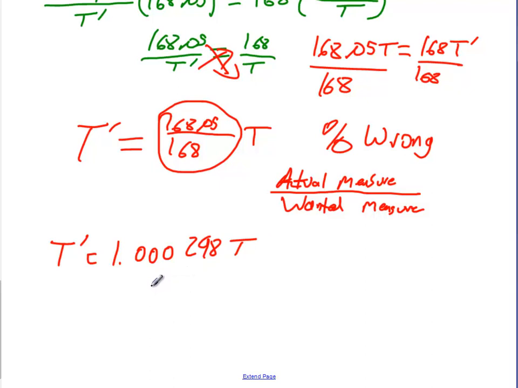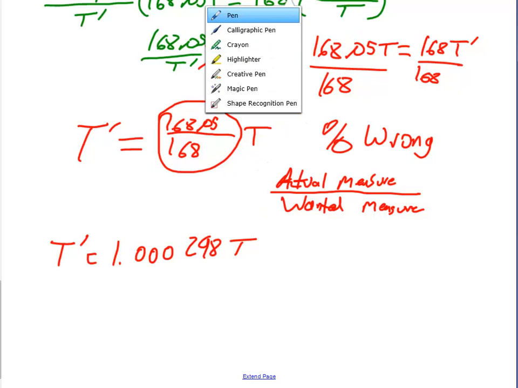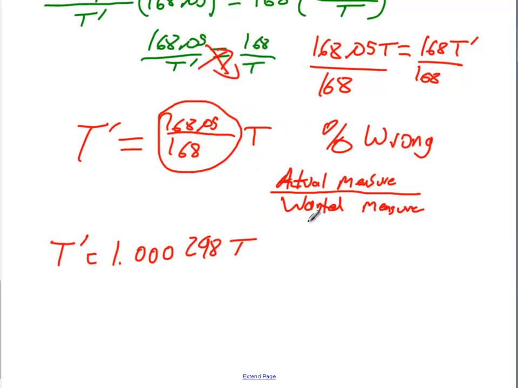Now the actual question wanted to know how much longer the pendulum should be. Oh, before I get into that, I wanted to show you this. This said actual measured versus wanted measure. If instead of using revolutions, which is how I did it because it made sense to me, I did it in the time it measured: in 1 week, 24 hours times 7 days times 60 is 10,080 minutes, plus 3 minutes.